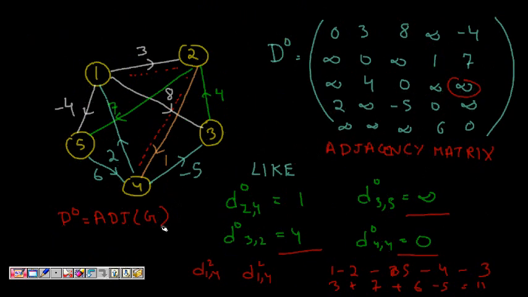So the shortest path has value minus 3 from 1 to 3. So it can be like, see here, 1 to 5, minus 4 plus 6 plus 2 minus 5, it is minus 3. So I am using a path 1 to 5, 5 to 4 and 4 to 3. So this is costing me just minus 3.